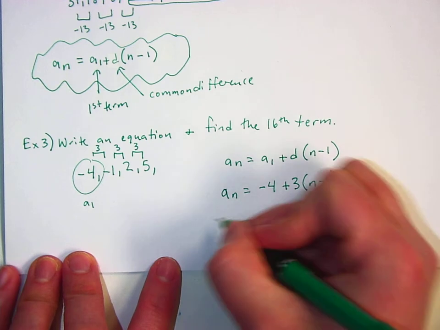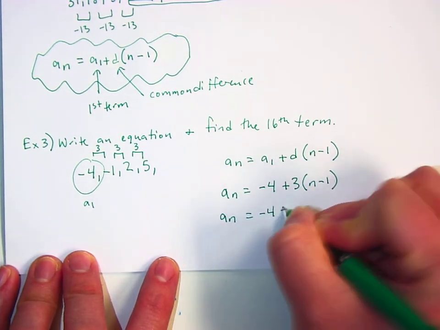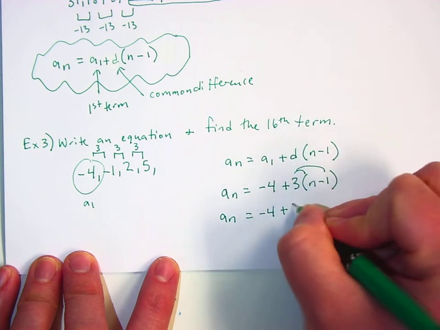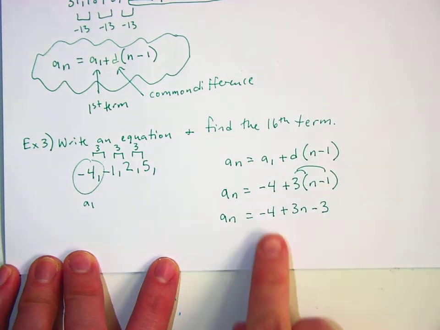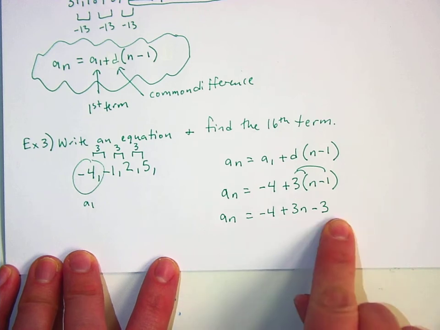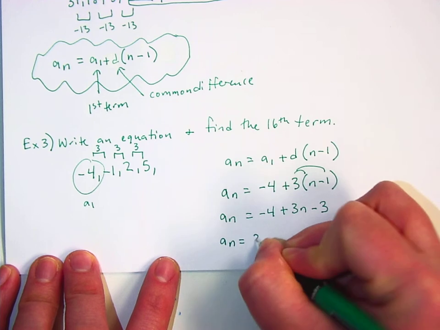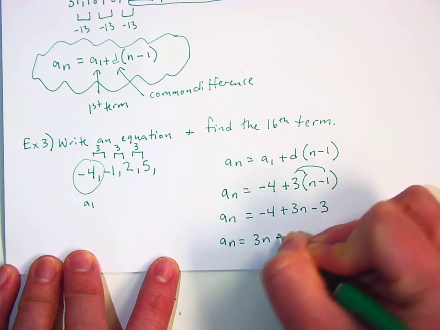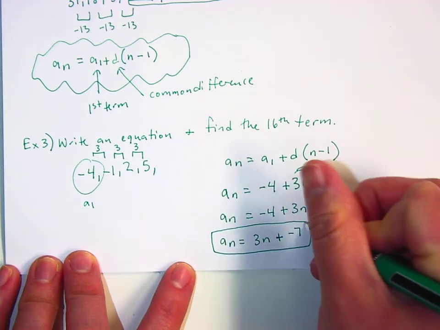And then I'm going to simplify. a sub n equals -4 plus, I'm going to distribute that 3 to both of them. And then since these are the same on the same side, I'm going to put them together to make -7. So that's a sub n equals 3n, either plus a -7 or just -7. And that's the equation.